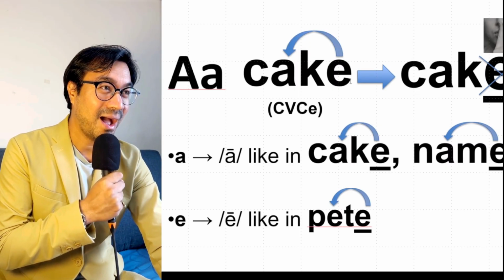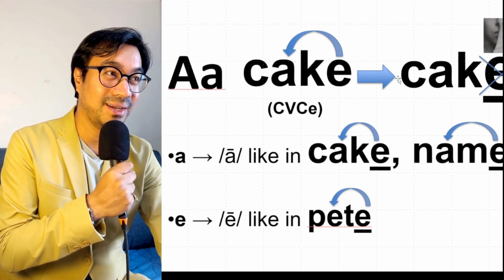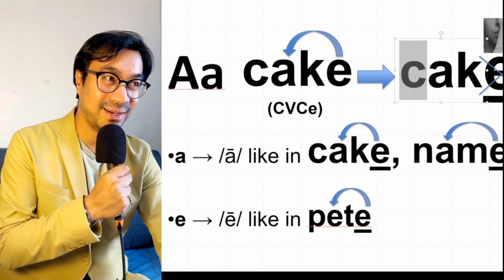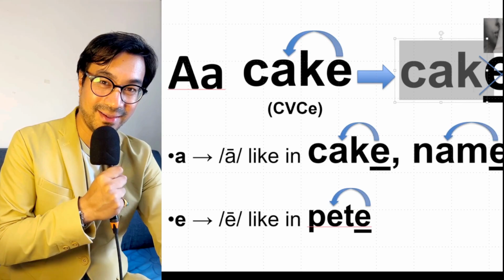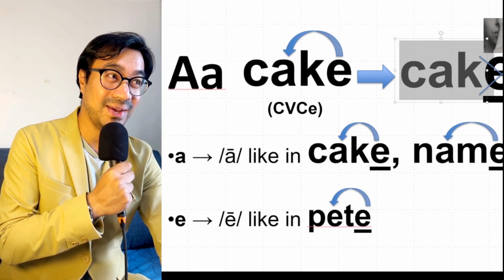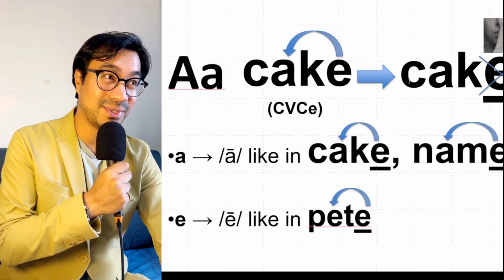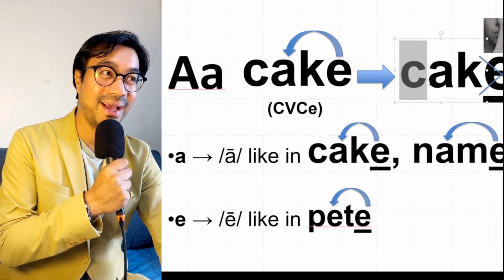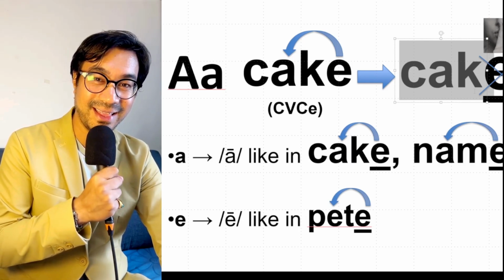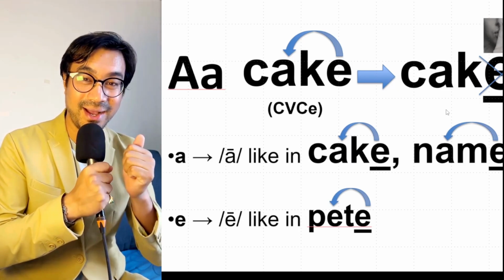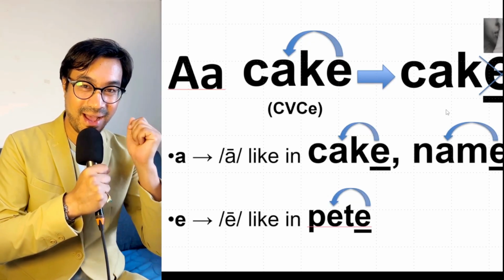So how will we make the sound here? K, A, K. So this E will be silent. We only say K, A, K. Cake. That's true. That's good. I think you have remembered.